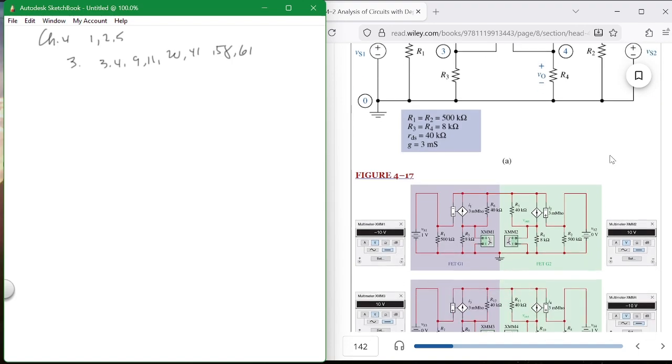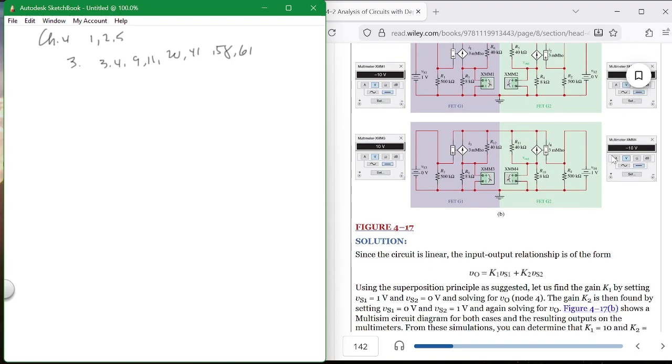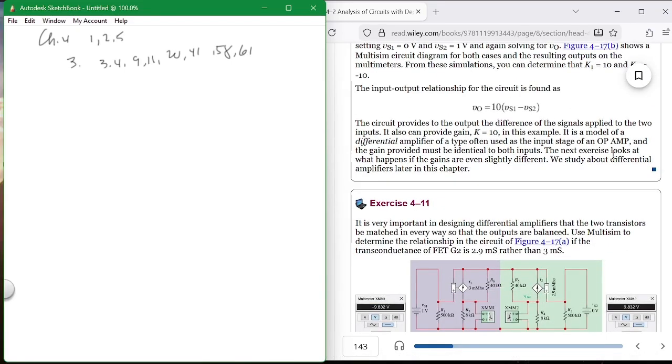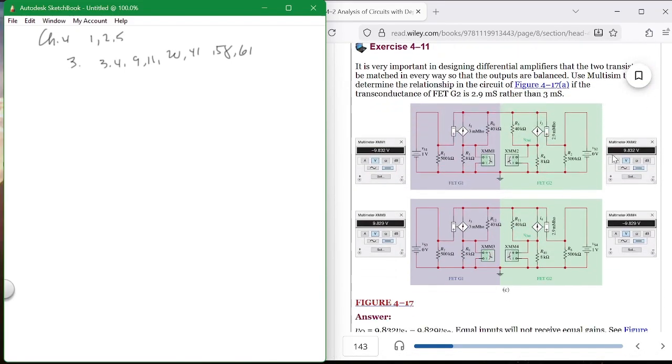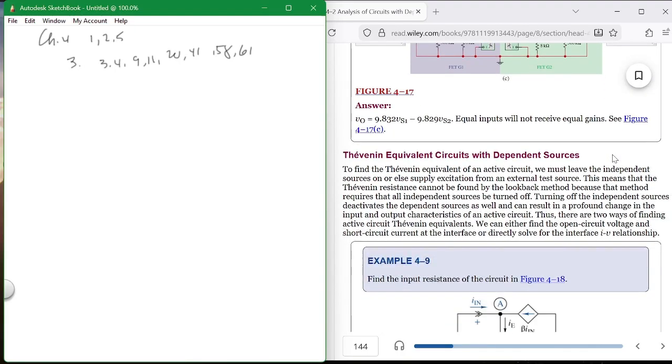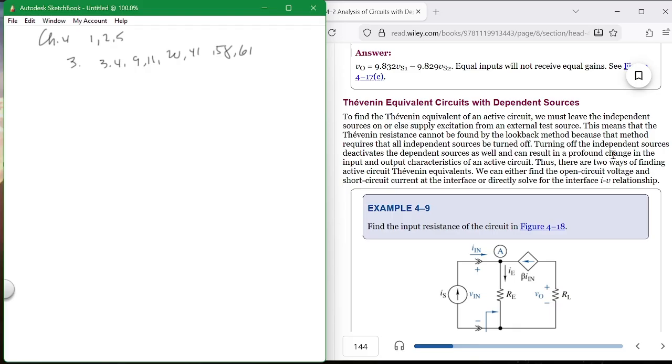Okay. So, amplifiers. Thevenin equivalent with dependent sources. Okay, so here we go.